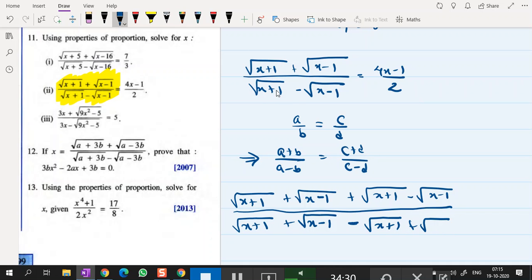I put a minus sign here and then all the signs change, okay? So this will be plus root of x minus 1 is equal to 4x minus 1 plus 2 upon 4x minus 1 minus 2. Okay, so this minus root of x minus 1 and plus root of x minus 1 will cut. Minus root of x plus 1 and plus root of x plus 1 will cut from the denominator.